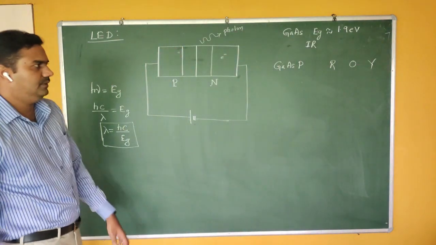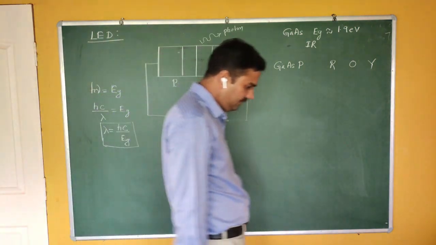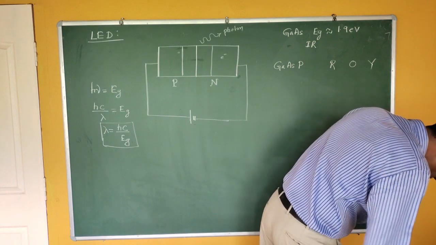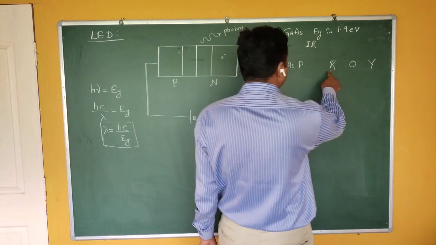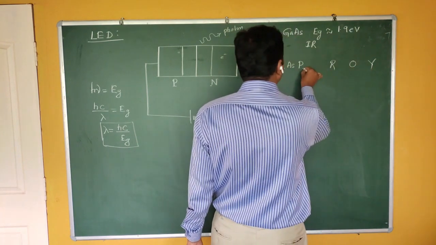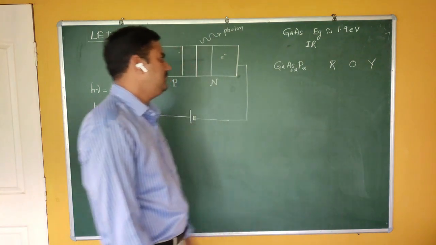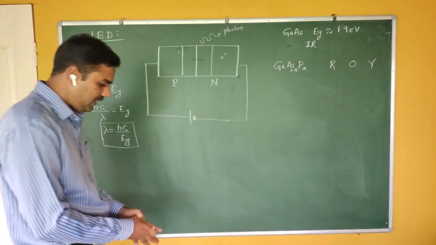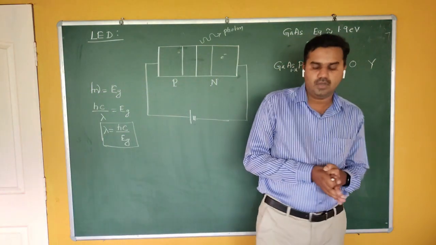You are making an alloy, combining gallium arsenide and gallium phosphide, with some composition x and 1 minus x. You can refer to the NCERT book. Depending on the value of x, you can get red, orange and yellow color.